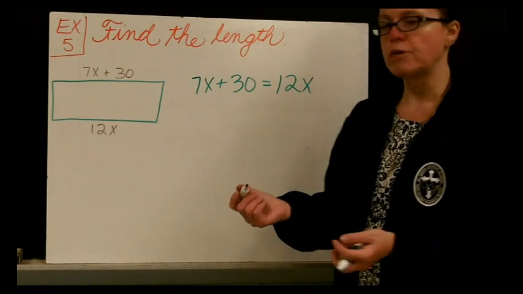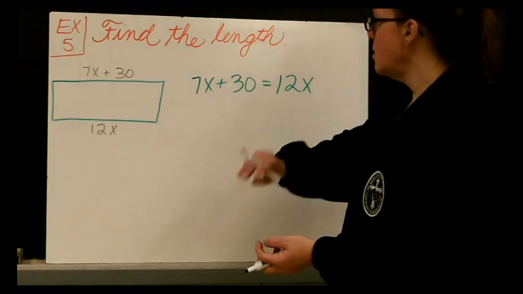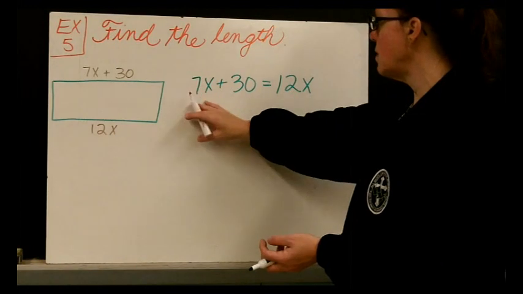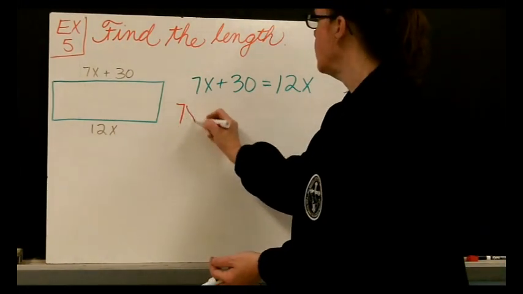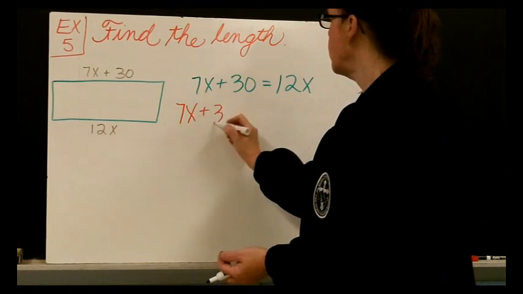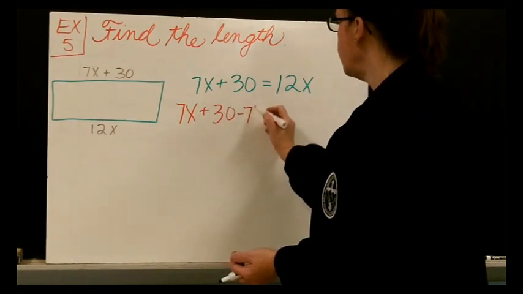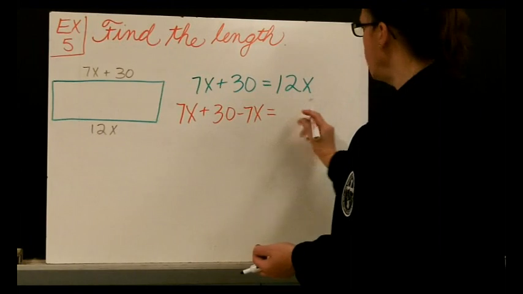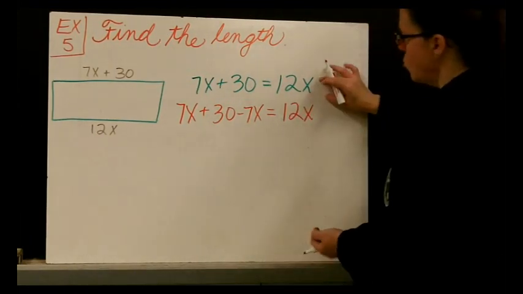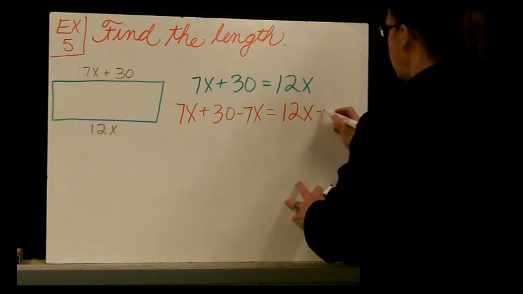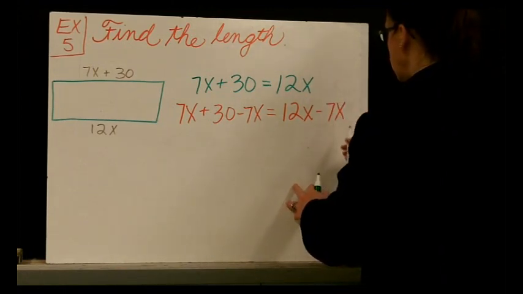Remember inverse operations. What's the opposite of having a positive 7x here? Having a negative 7x. So we have 7x plus 30, and then our negative 7x equals our original 12x, and then a negative 7x.